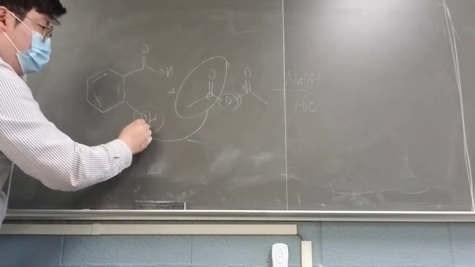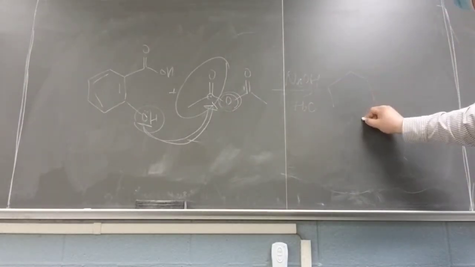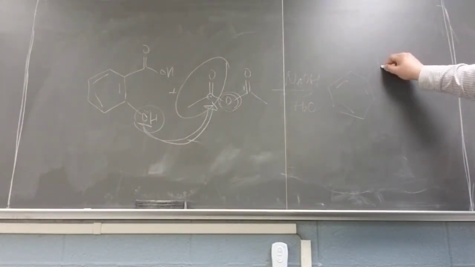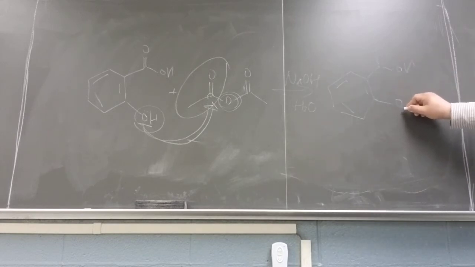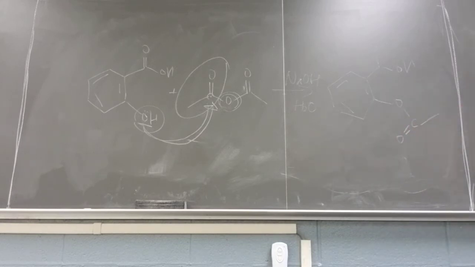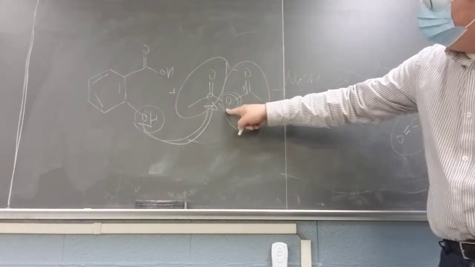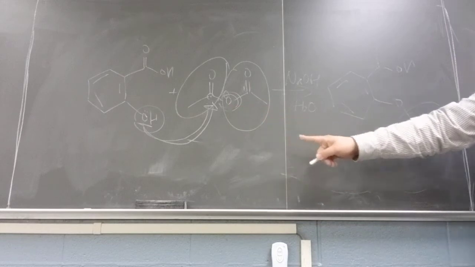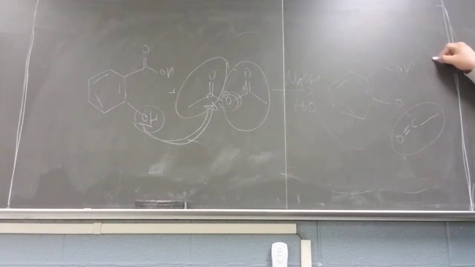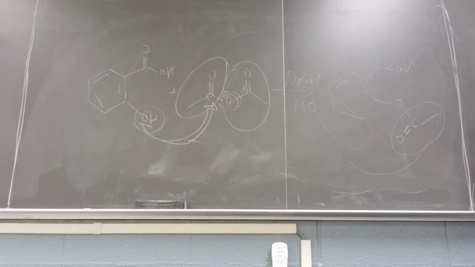So that goes to attack over there, and this O goes to this one. This part comes from here, and this becomes a carboxylate because this is the negative charge. So it becomes this one here. Does it make sense? This is aspirin. This is what we did in the first lab.